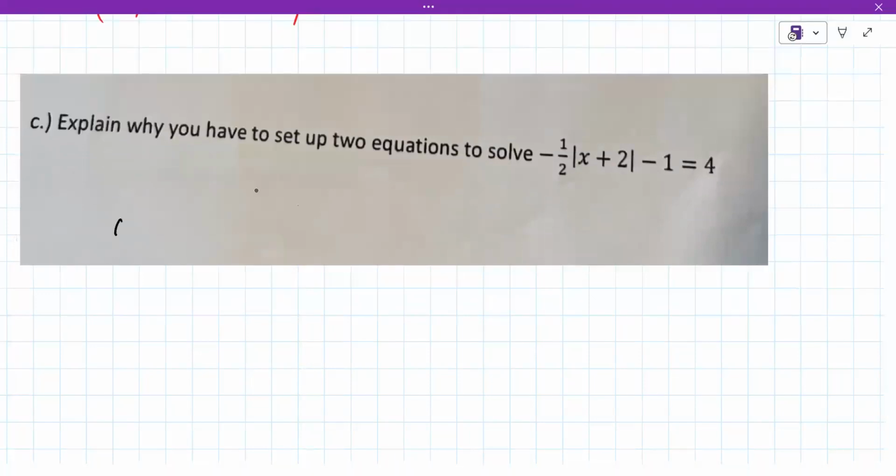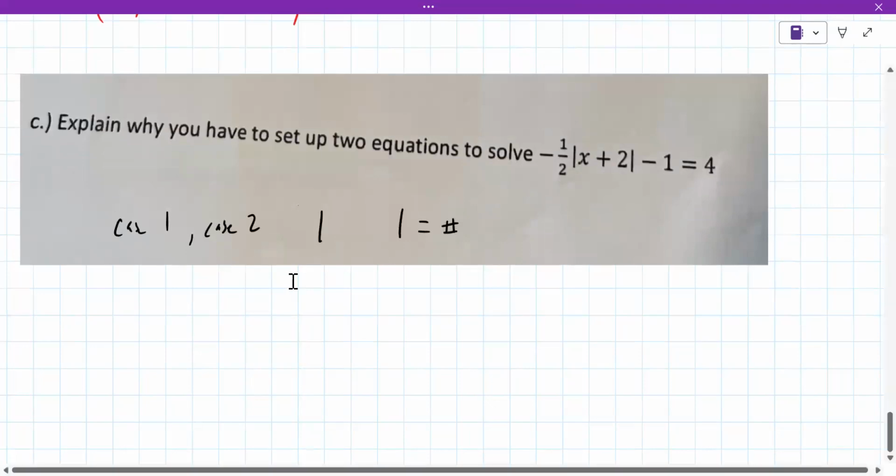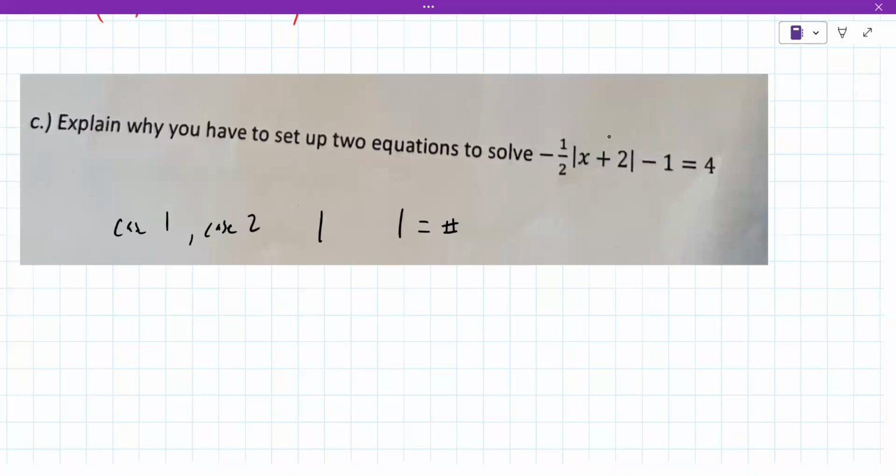That whole case 1, case 2 stuff only applies once you have the absolute value equals a number. You can't have a negative on the outside. You can have a fraction. It can't be like +3 or -5. So in this problem, we can do this when we're down to the absolute value of X + 2 like that.